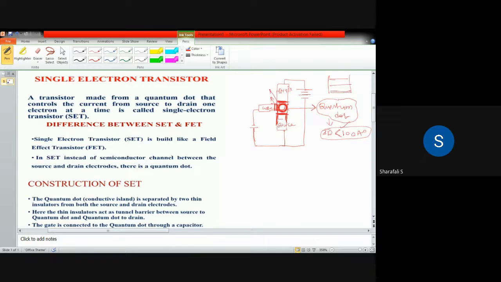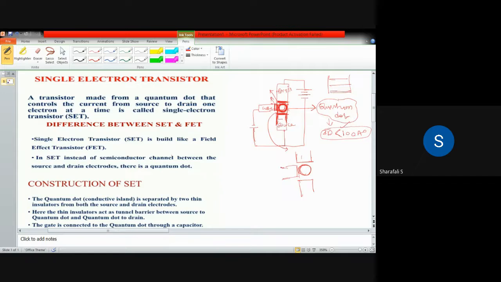Here we have a tunnel junction. Here also we have another tunnel junction. These two tunnel junctions are in between the drain and quantum dot and the source and quantum dot. So basically it will be like this. This is your quantum dot, and you have the drain here and the source here and the gate here.